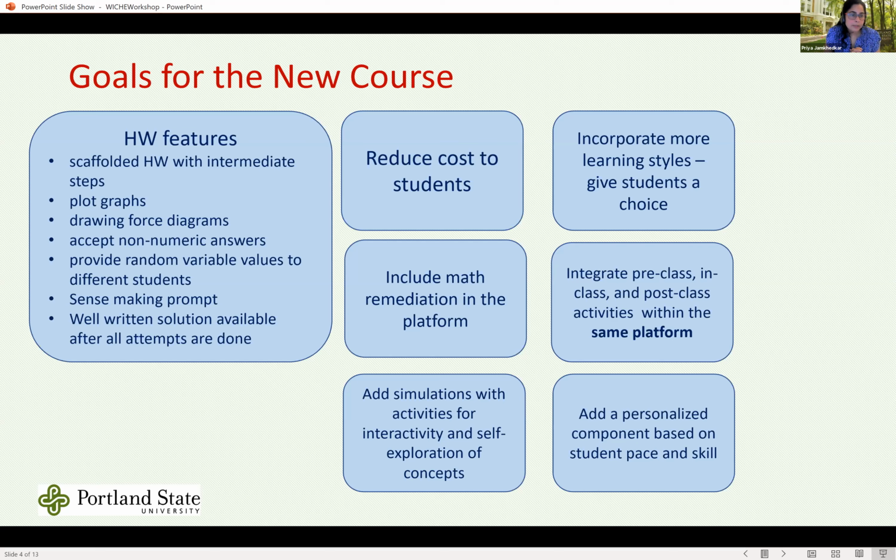We also wanted software that would accept non-numeric answers, if answers are left in variable forms. We also wanted a system where the homework gives different values to different students.